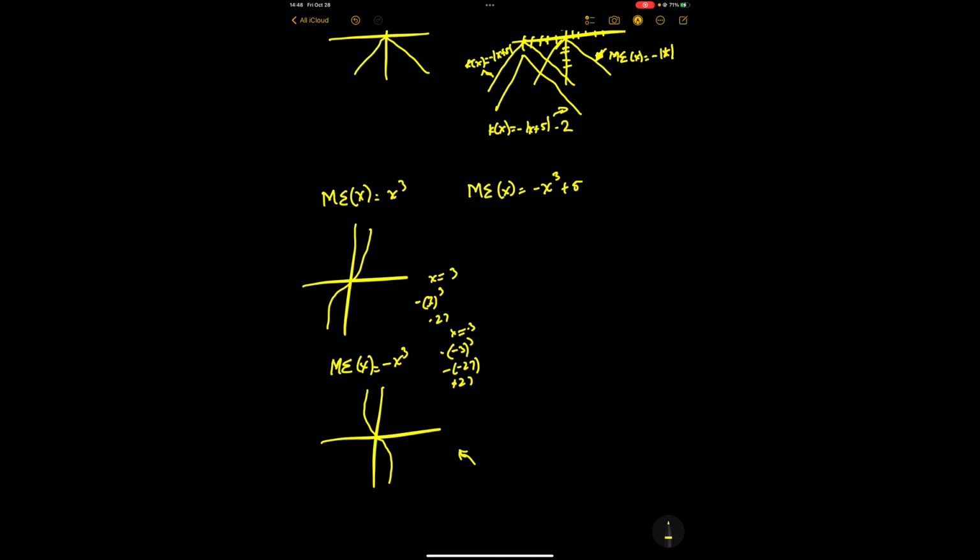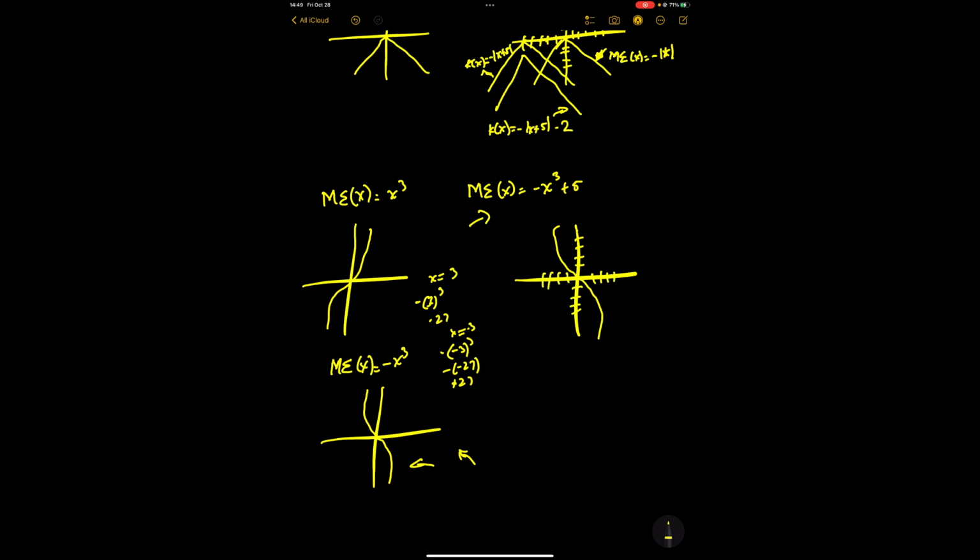Now, how about that one? Well, we already know that negative x cubed equals this. So basically what we're gonna have is this right here, and plus 5. Is the 5 in or out of the x? It is out. So is it gonna be vertical or horizontal? It's gonna be vertical.